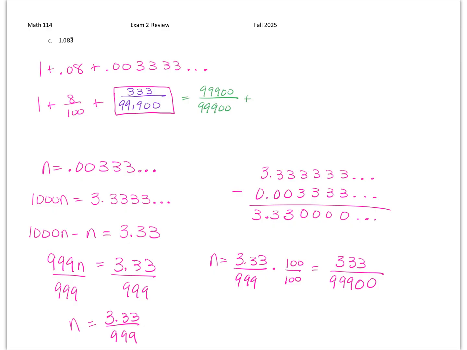Okay, 8 over 100. So what should I multiply 100 by to make 99,900? I think 999. So this is going to be 8 times 999 over 999 with two zeros.